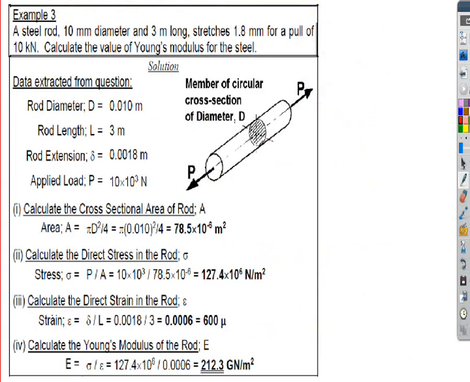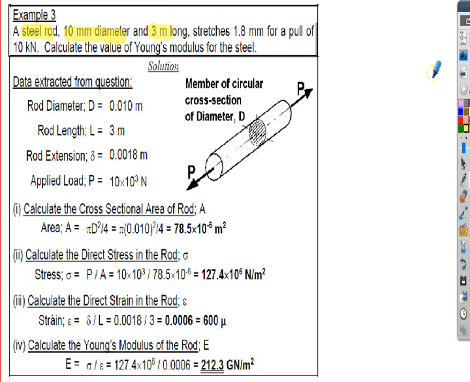Here's an example. Again, it's in your notes. If you want to look at your notes, you'll see example 3 is already there. I'll briefly outline this and then we'll look at some questions together. So in this particular question, we're given a steel rod of 10 millimeters diameter. That allows us to find the area. We're given the length. Notice that's in meters.